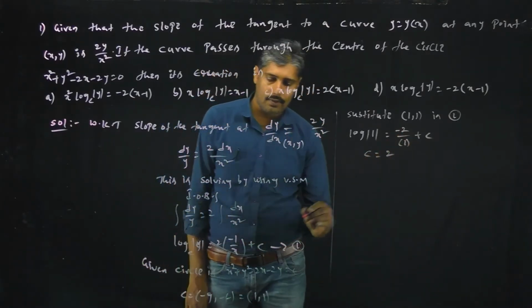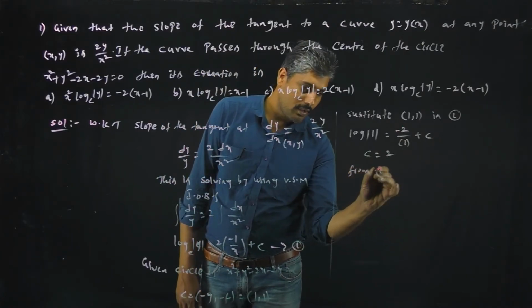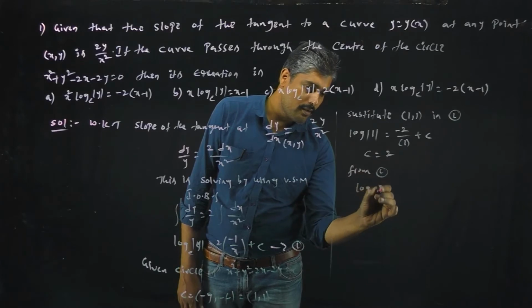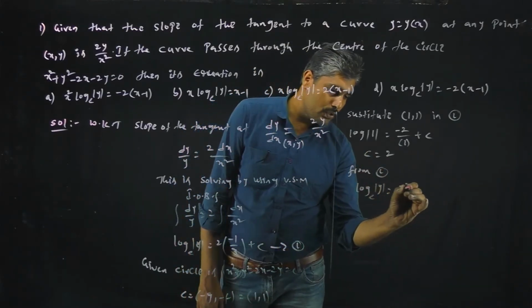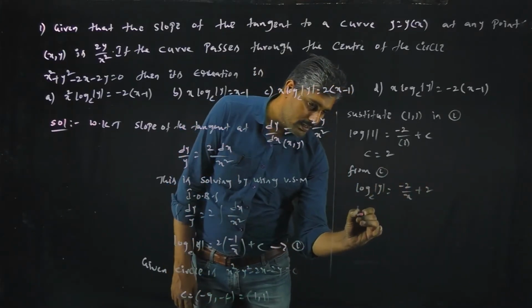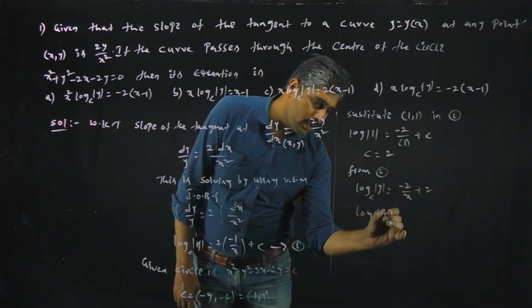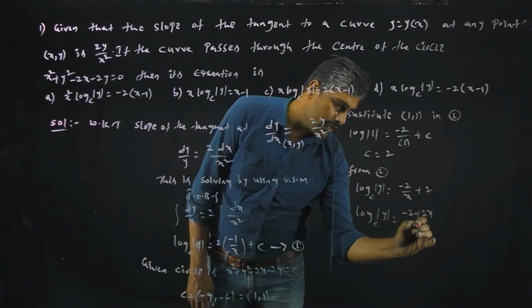Substitute in equation 1. Then we get log|y| base e = −2/x + 2. Taking the LCM, log|y| = (−2 + 2x)/x.